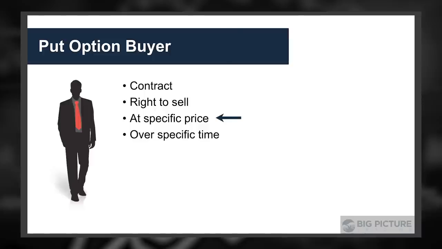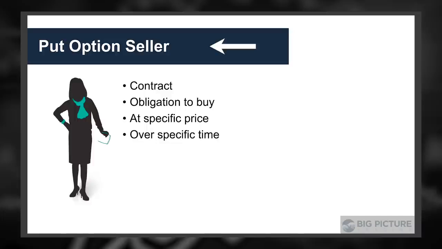Therefore, the counterparty to this is the put option seller. They, as the counterparty, take on an obligation to buy the shares if the put buyer wants to sell them to them at that specific price over that specific period of time.